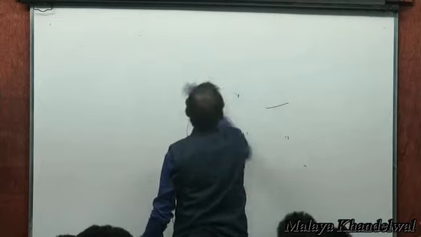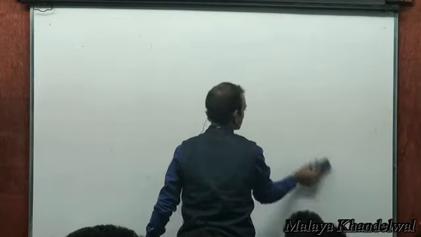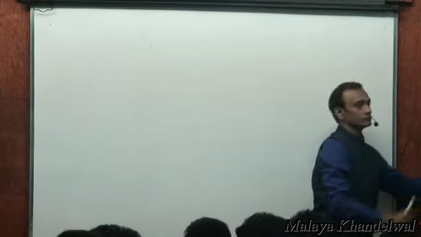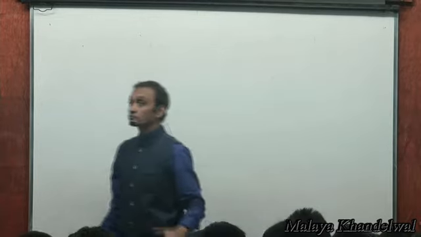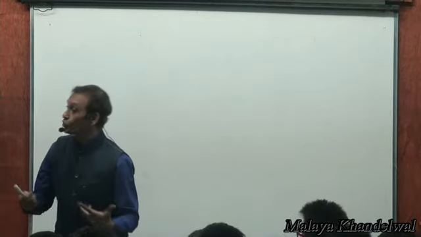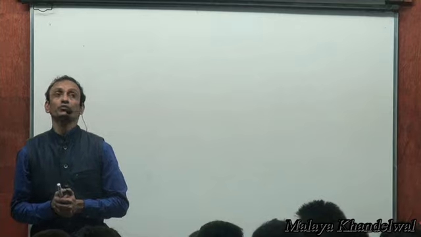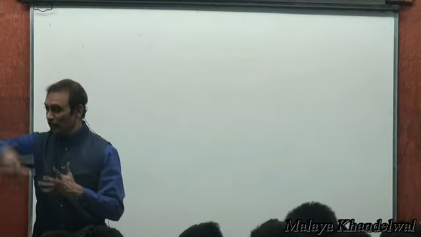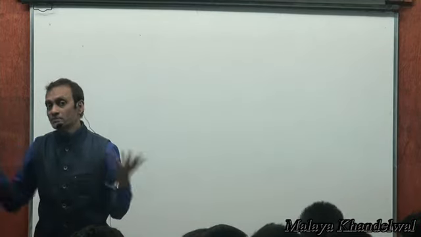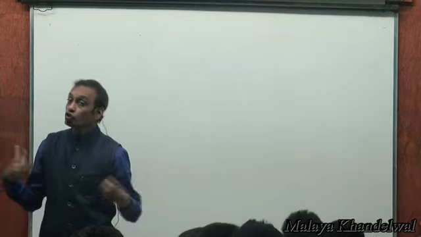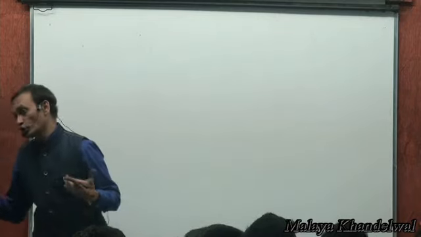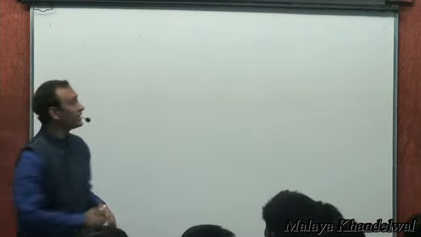Now, a very pertinent chord of the parabola is a focal chord. There could be many chords, but of these many chords, those that pass through the focus will be focal chords, right?